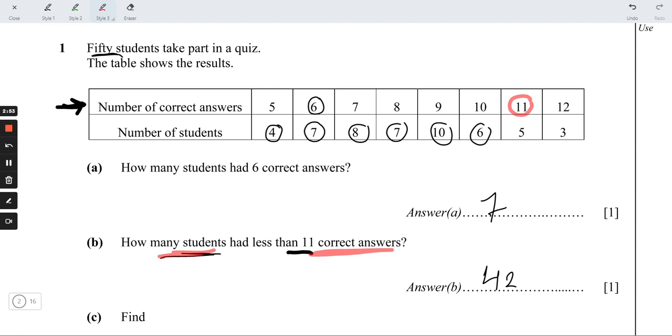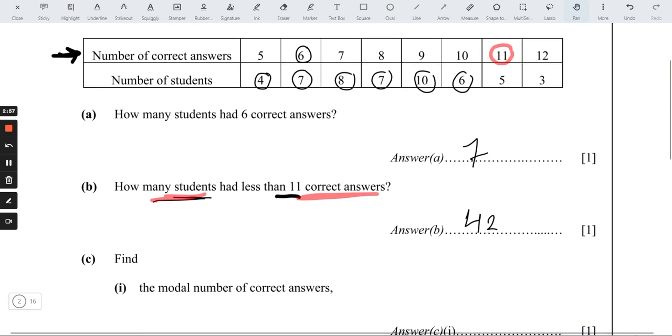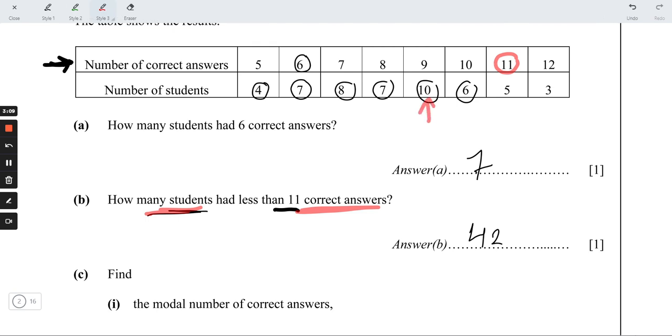Now the next question, part C: find the mode number of correct answers. The highest frequency is 10. They need the mode, so the mode here is 9.